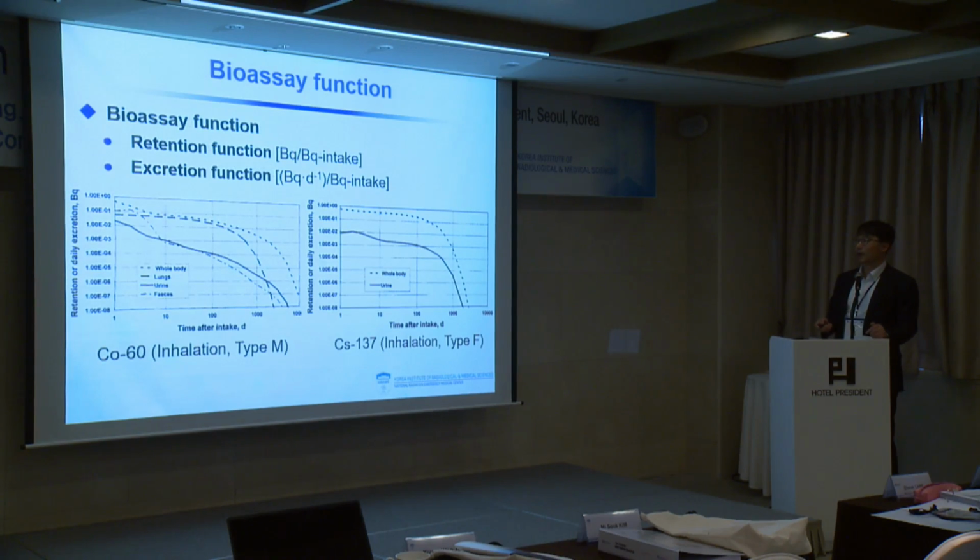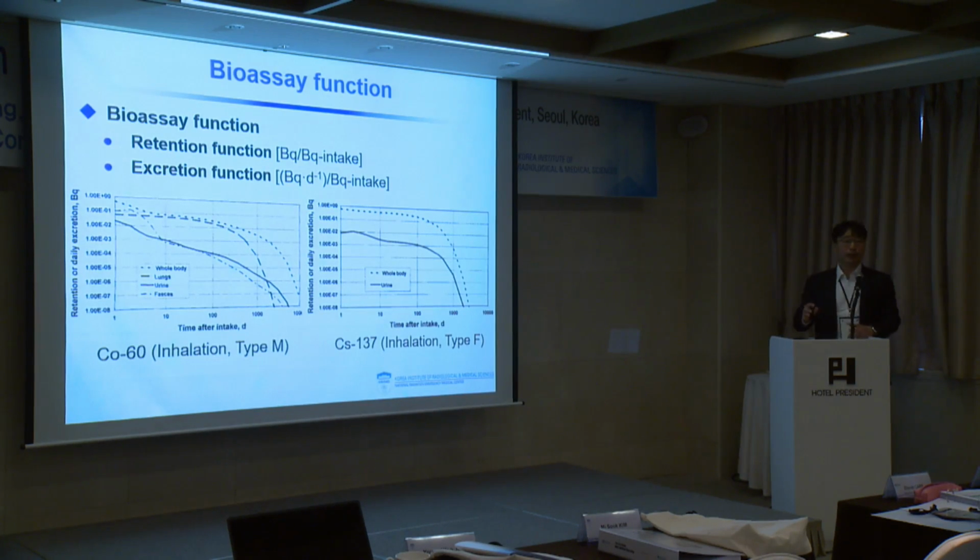And this is the bioassay function provided from the ICRP as well. We can adopt two different functions, the retention function or the excretion function, and the unit is different according to the applied function. So you have to be careful to choose the bioassay function because the unit is different.